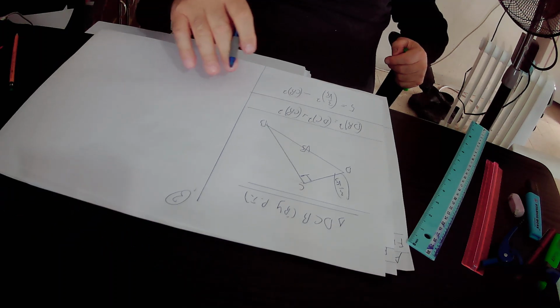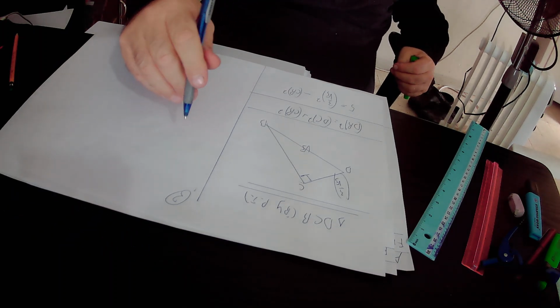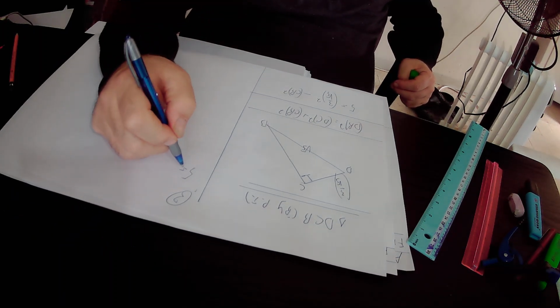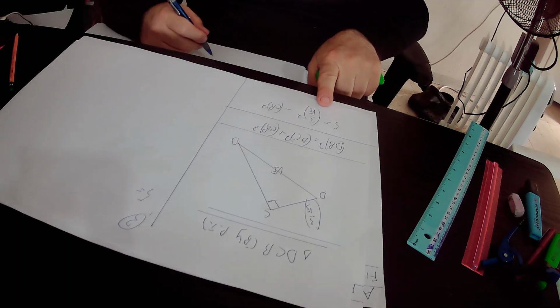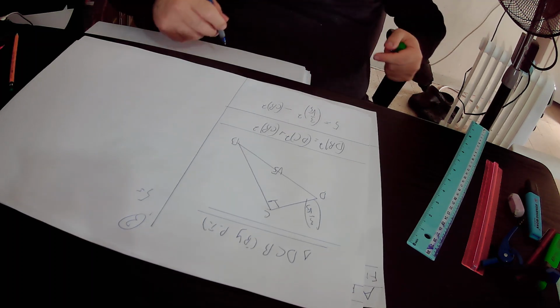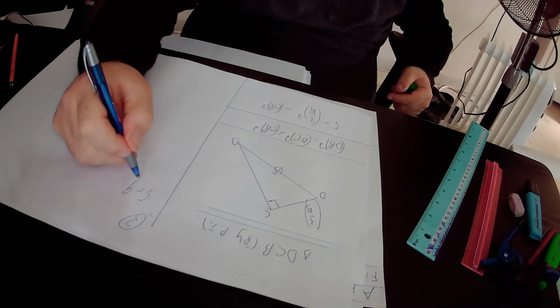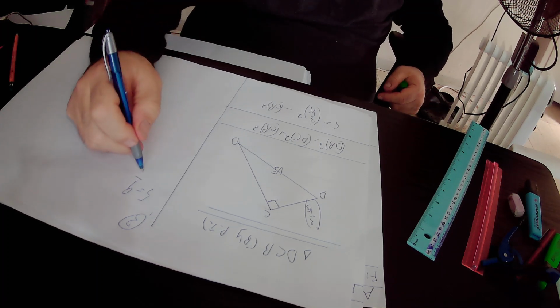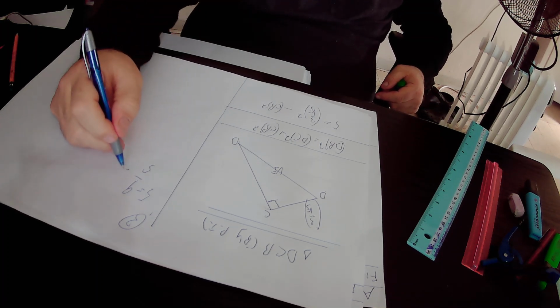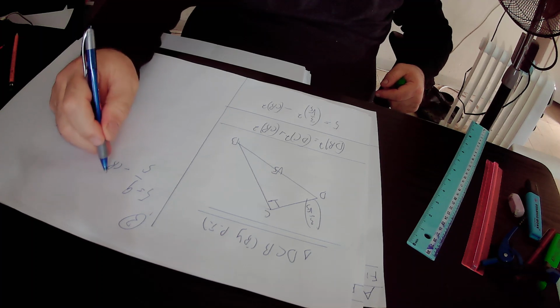So we found out that according to the Pythagoras theorem in the right triangle DCB, 5 equals to 3 over square root of 5 square, which is 3 squared, that is 9, over square root of 5 squared, that is 5, plus CB square.